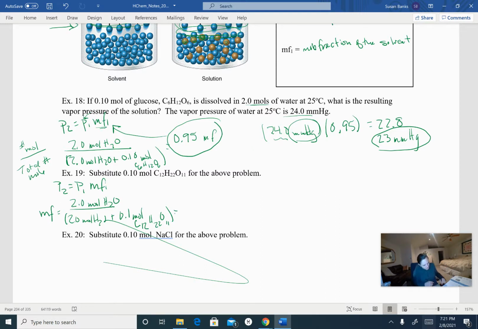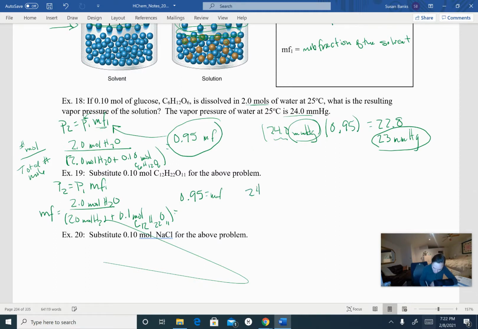That math sure looks the same, doesn't it? So 2 divided by 2.1, same thing. We get the same mole fraction of 0.95.